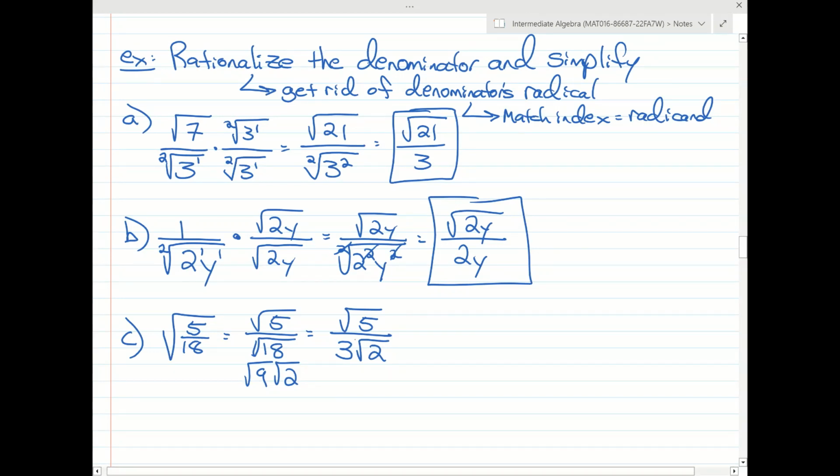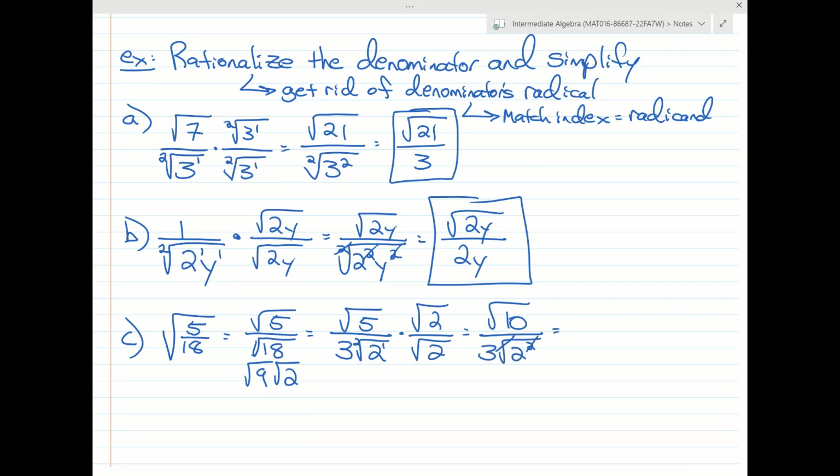We want to match the index with the power. So if we multiply by the square root of 2 over itself, we get the square root of 10 over 3 times the square root of 2 squared, which cancels out our radicals. Square root of 10 over 3 times 2 is just the square root of 10 over 6.